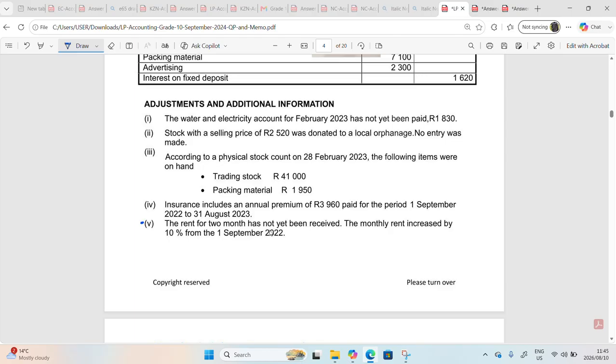So rent for 2 months has not yet been paid, which means we only received rent for 10 months, not 12. What we actually have here is an accrued income that we're supposed to receive but not yet.